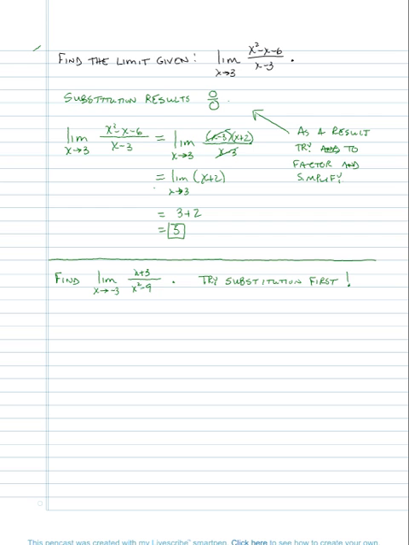If we do a simple substitution, we would get negative 3 plus 3 for the numerator, and negative 3 squared minus 9 for the denominator. That results in a 0 in the numerator, and also a 0 in the denominator. So this is one of those uh-oh moments. That doesn't work, so we have to try something else.